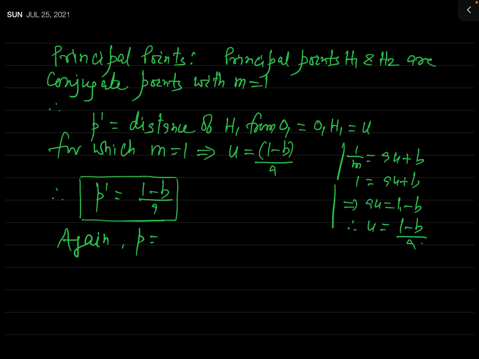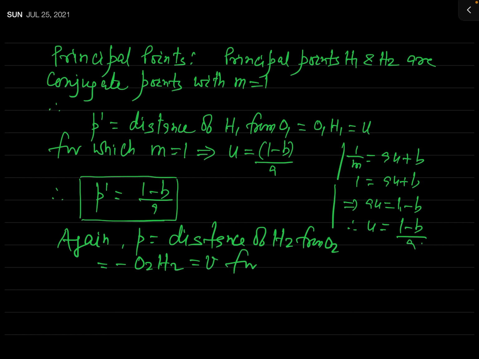Again P, the distance of H2 from O2, is equal to minus O2H2. The minus sign is due to the sign convention, and that is equal to v, for which m is equal to 1.